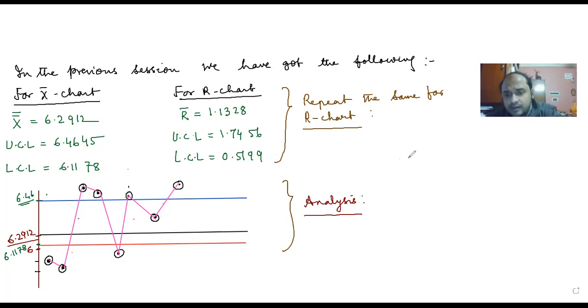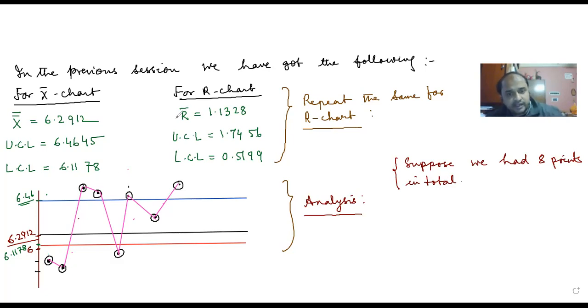Suppose, just for the sake of understanding, we had 8 points in total, and I have plotted all the 8 points over here. So from these 8 points, what have I seen? Let us number these points.